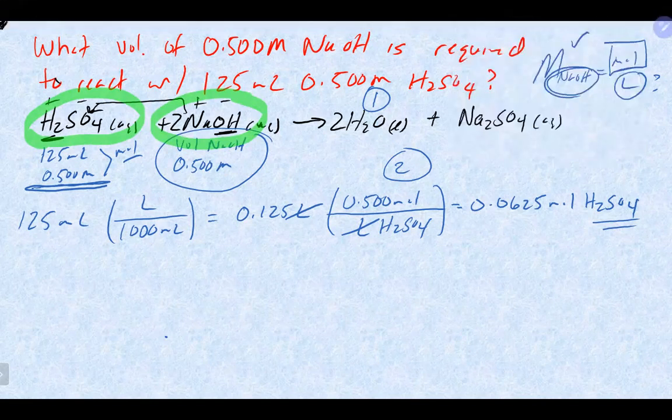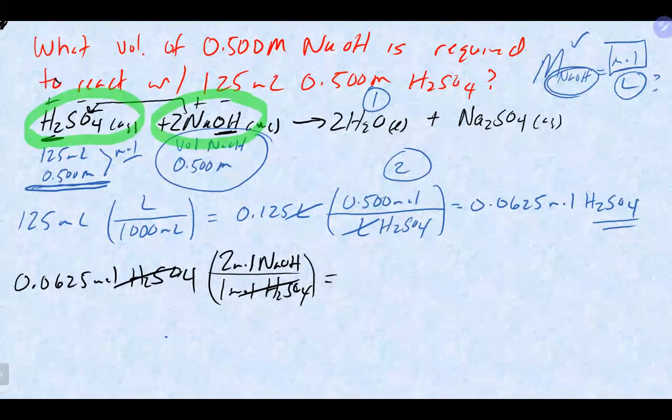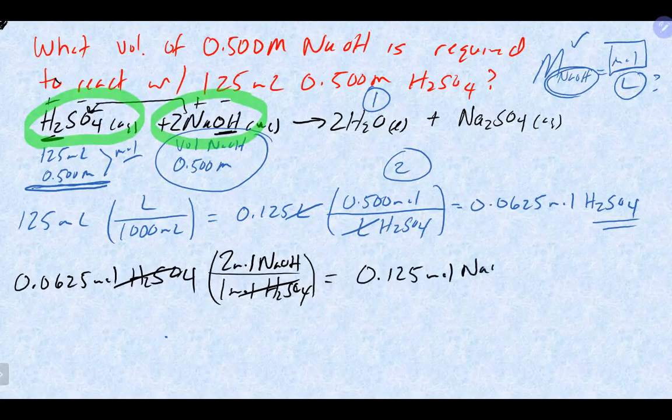So continuing on with our moles from the equation, then we'll cancel, and that gets us basically that times 2: 0.125 moles of sodium hydroxide. Using the stoichiometry part, that now gives us the moles, and we have the molarity of our sodium hydroxide. So we could rearrange that and solve for liters: moles divided by molarity.